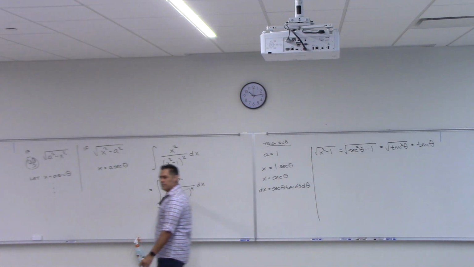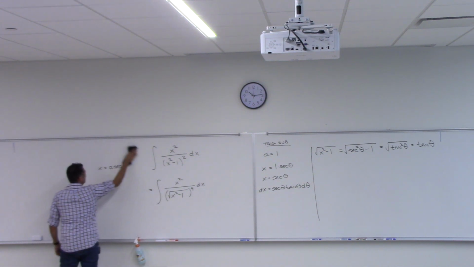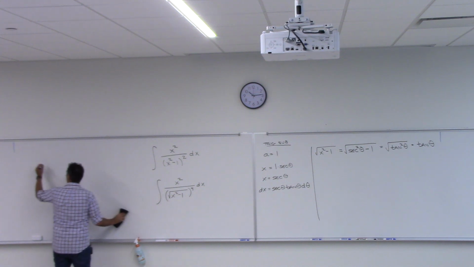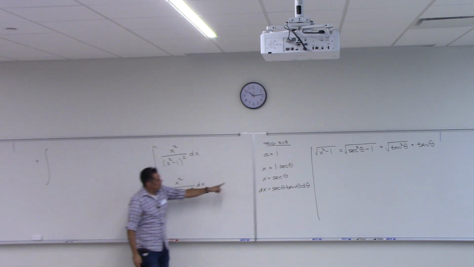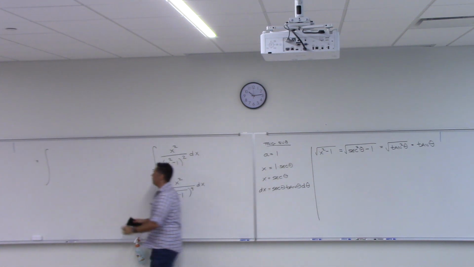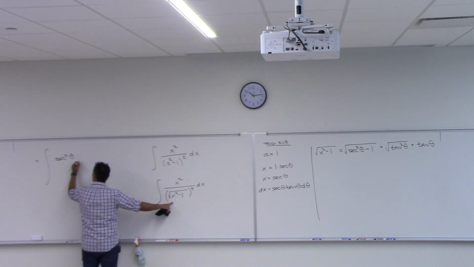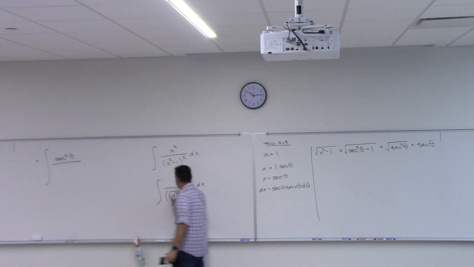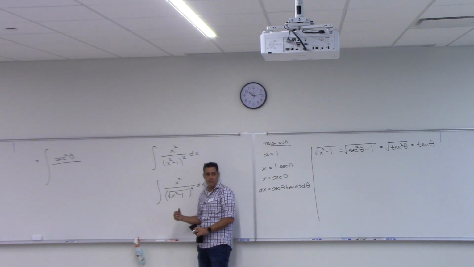Rewrite the whole integral in terms of theta now instead of x. Here it comes. All right, equals integral. The top, x squared, so I square this: secant squared theta. Over, and be real careful here. What does the square root piece turn into? Tangent theta, right? But tangent theta to the fourth.